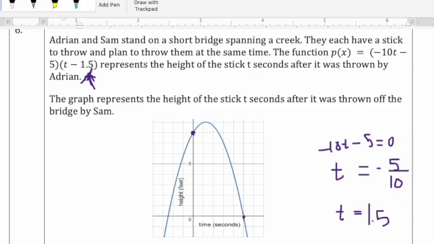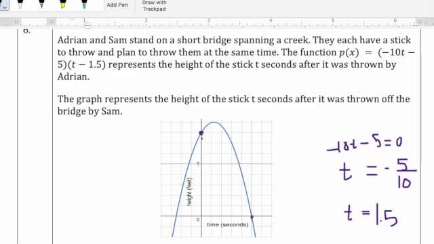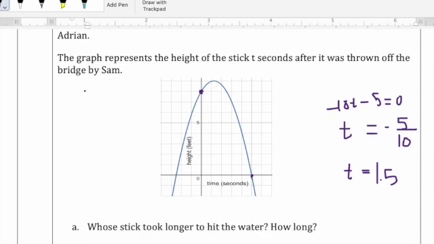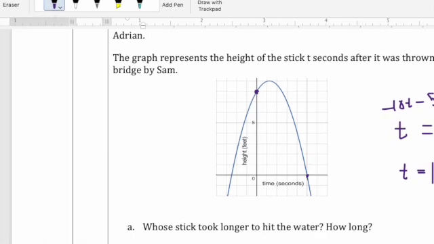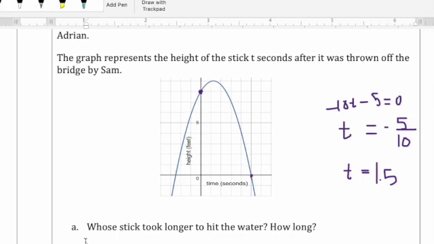This is bothering me. I'm going to just erase it. It would make my life easier. Okay, so Sam's took 1 second and Adrian's took 1.5 seconds. So whose took longer to hit the water?